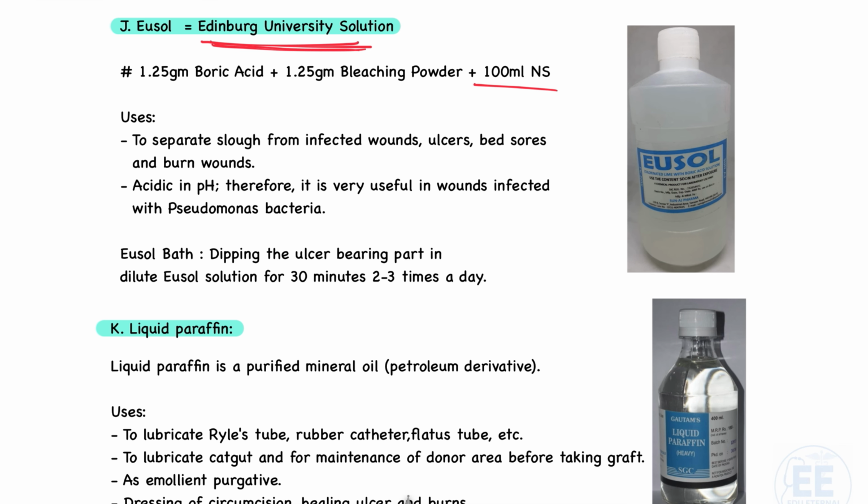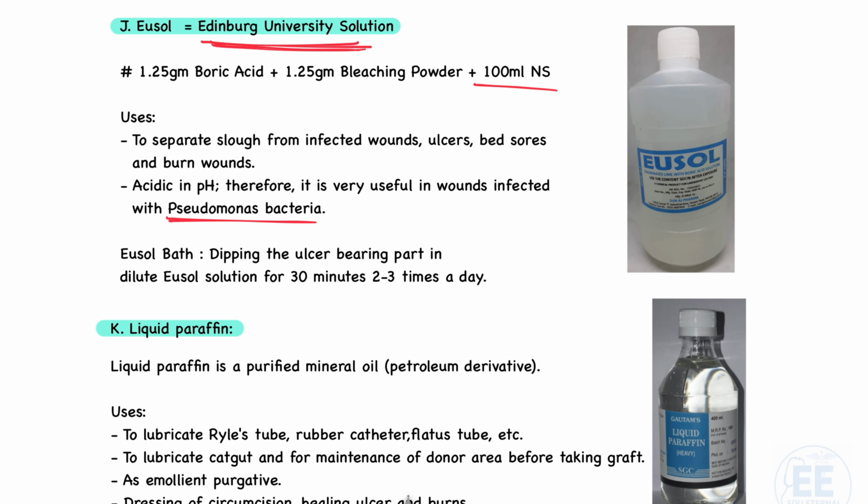Uses include to separate slough from infected wounds, ulcers, bed sores and burn wounds. It is acidic in pH, so it is very useful in wounds infected with Pseudomonas bacteria. In Eusol bath, we dip the ulcer-bearing part in a dilute Eusol solution for around 30 minutes, 2 to 3 times a day, which is helpful in healing of an ulcer.